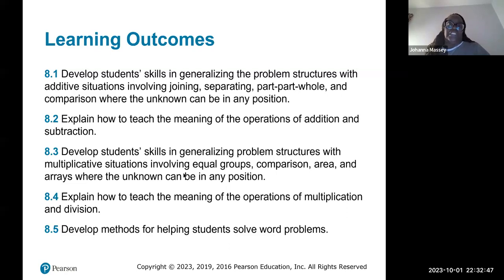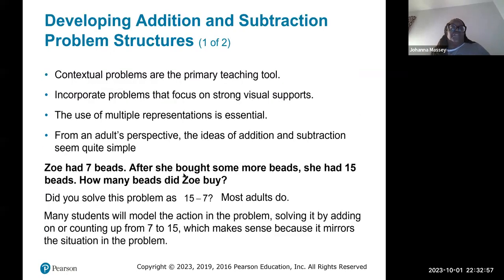Again, explain how to teach the meaning of operations of multiplication and division and develop methods for helping students solve word problems. All right, so we start off with the first one, developing addition and subtraction problem structures.